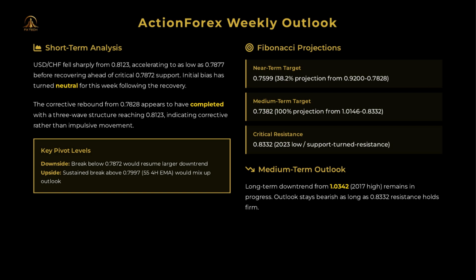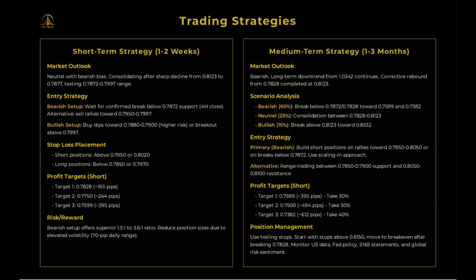Fibonacci projections target 0.7599 as the near-term goal and 0.7382 as the medium-term objective. The long-term downtrend from 1.0342 remains in progress. For short-term traders with a 1 to 2 week horizon, the outlook is neutral with a bearish bias.